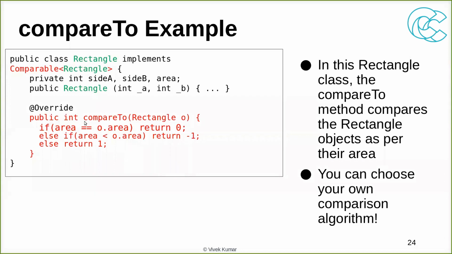So if both the areas are the same, then it will return 0. And if the area on the left hand side is less, it will return -1. If it is greater, then you return a positive number, which is greater than 0, which is 1.